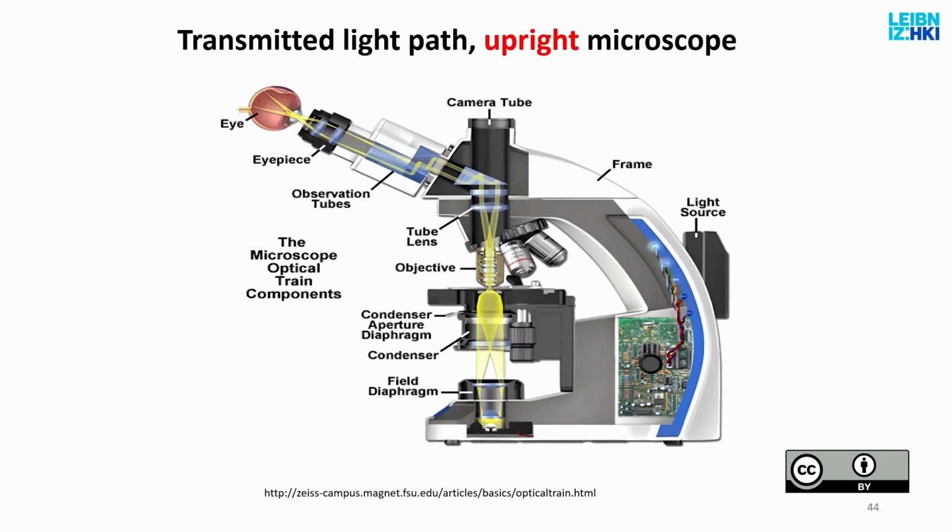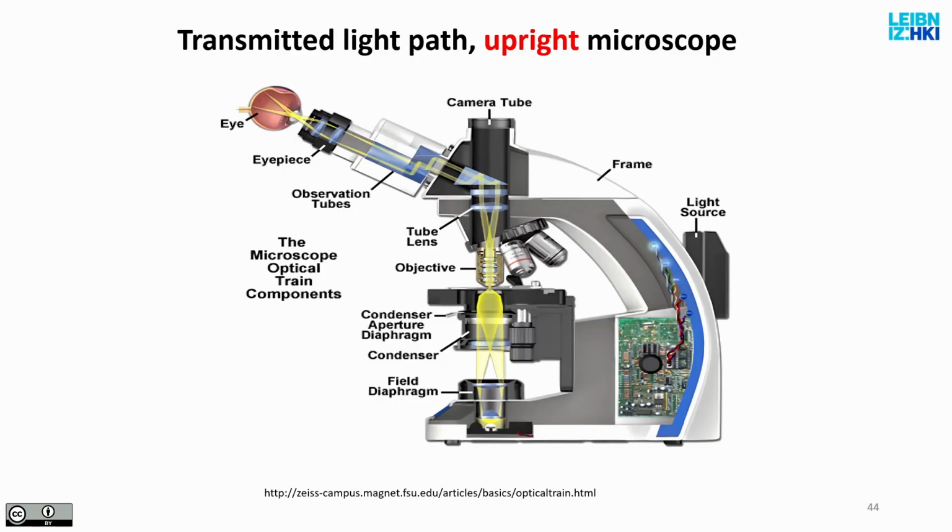There are two basic configurations, upright and inverted microscopes. An upright microscope will have the objective lenses above the sample. This is the general structure. This is where the observer's eye goes to look through the eyepieces.